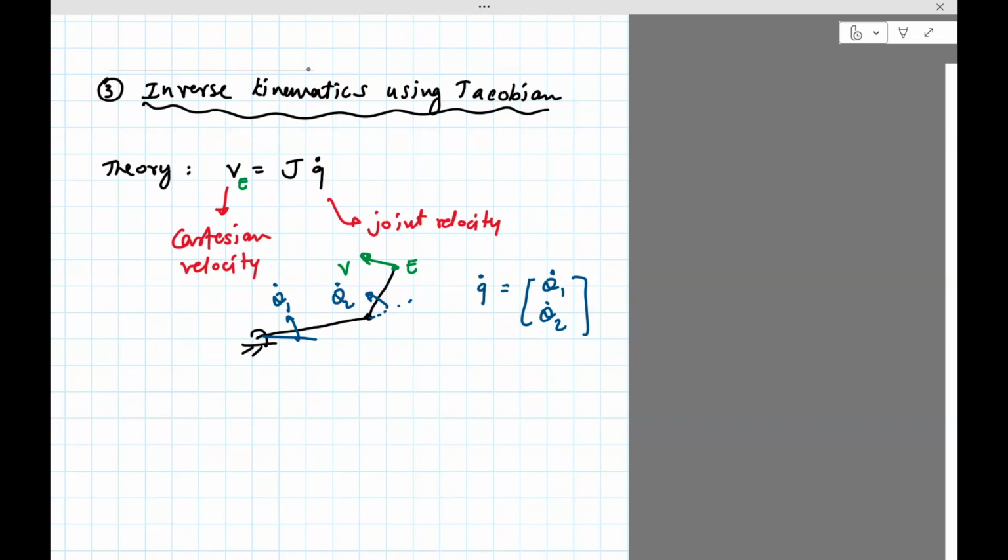Okay, so let's see how we can use this to do inverse kinematics. That is, we want the point E to track some curve.